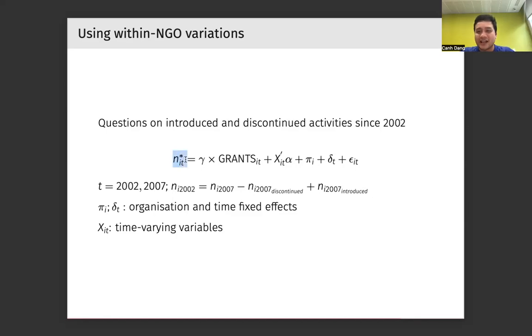So we'll be looking at the change in the NGOs' diversification from 2002 to 2007, and the change in the level of international funding and contractual income from NGOs, from international donations and membership fees from 2002 to 2007. And we will be able to capture organization and time fixed effects, and we're able to account for some time-varying variables as well. We then perform another IV estimation using our 2007 floods as the instrument to capture the within and between variation of the NGOs.